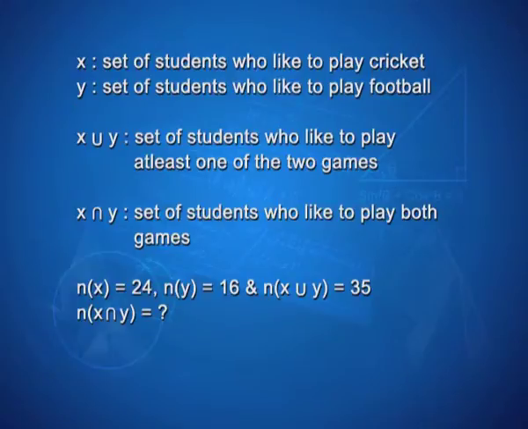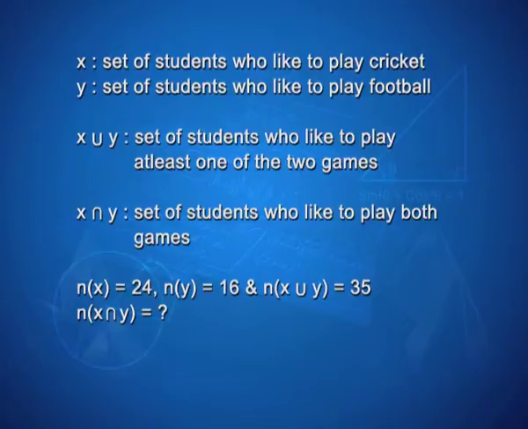Let X be the set of students who like to play cricket and Y be the set of students who like to play football. Then X union Y is the set of students who like to play at least one of the two games and X intersection Y is the set of students who like to play both the games.